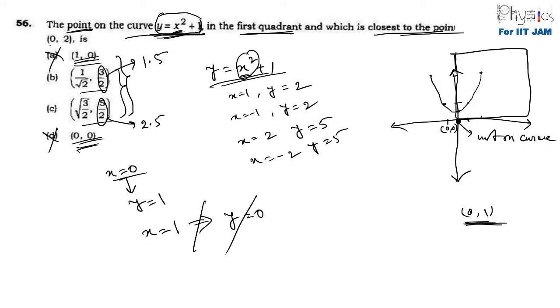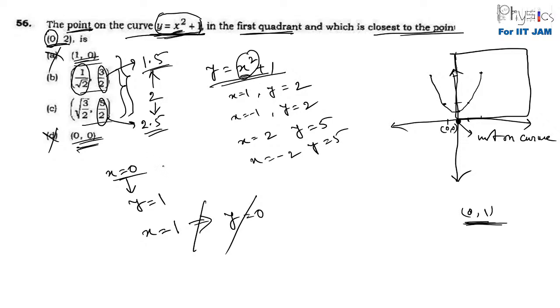Here it is (0, 2), that means 2 is simply at equal distance from both 1.5 and 2.5. Right? Now see, in between 1 by root 2 and root 3 by 2, which is closest to 0? This is closest to 0, right?